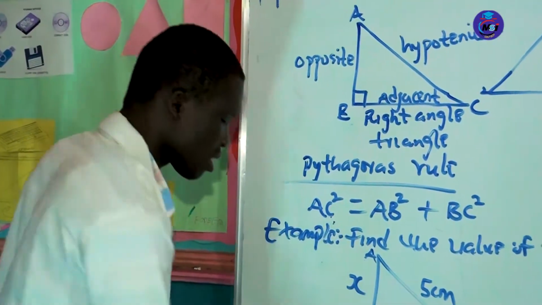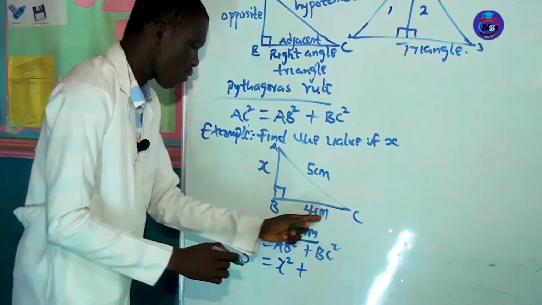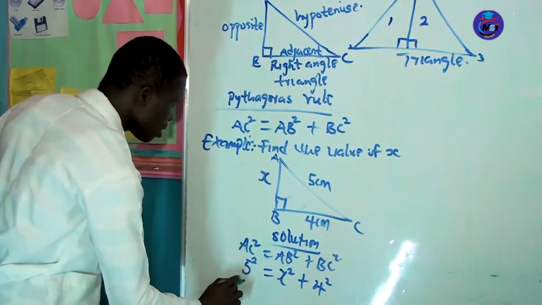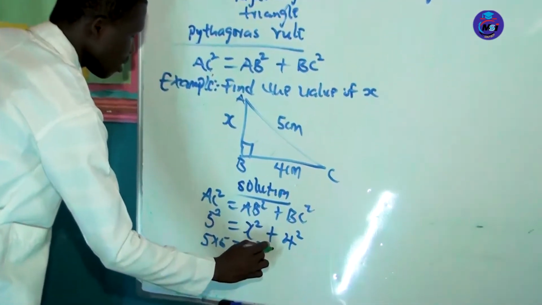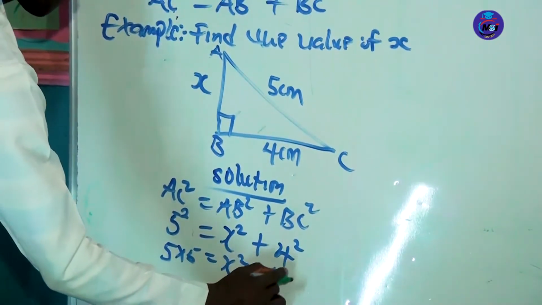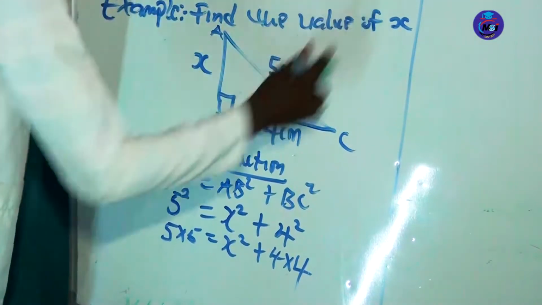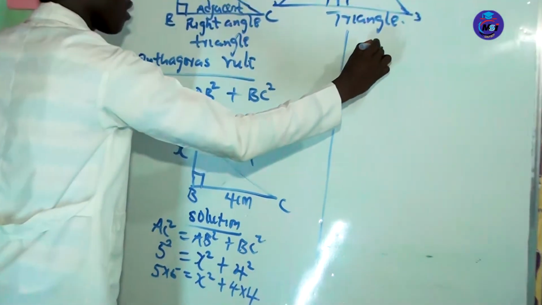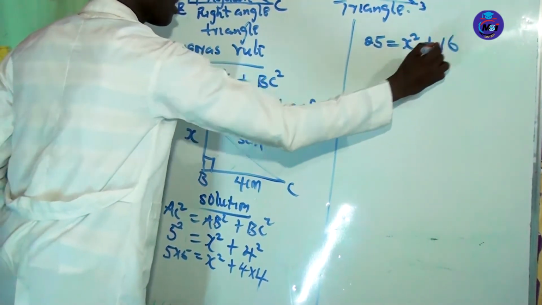AB is x, x square. What is the value of BC? 4 square. So 5 square means 5 times 5, x square, 4 square means 4 times 4. 5 times 5 will give us 25, x square. 4 times 4 will give us 16.